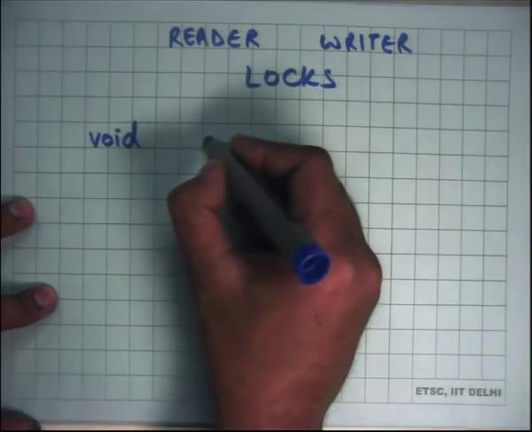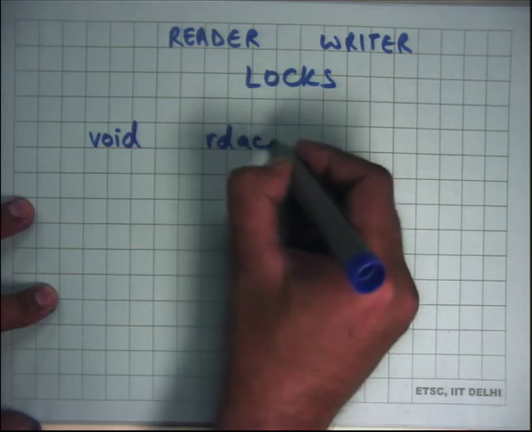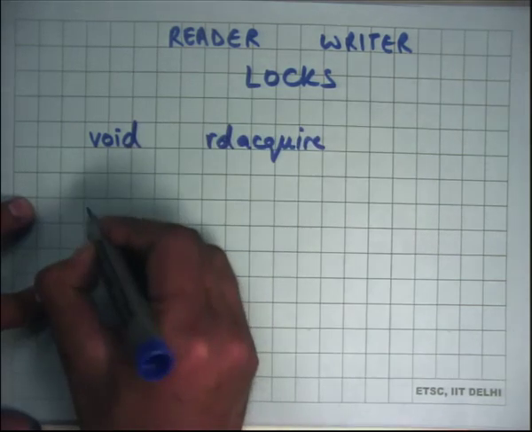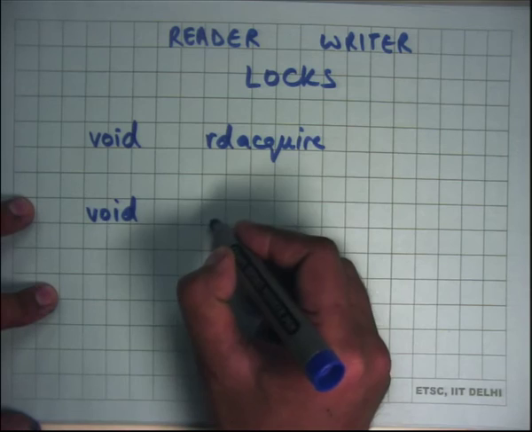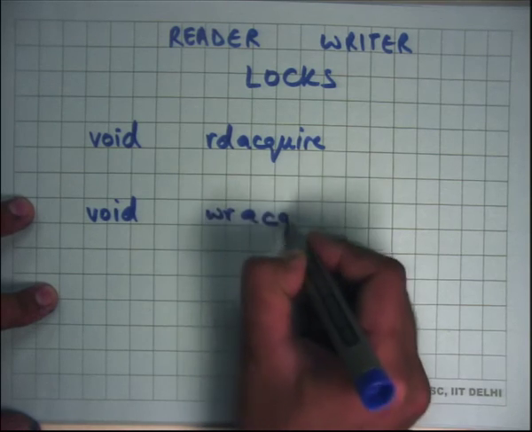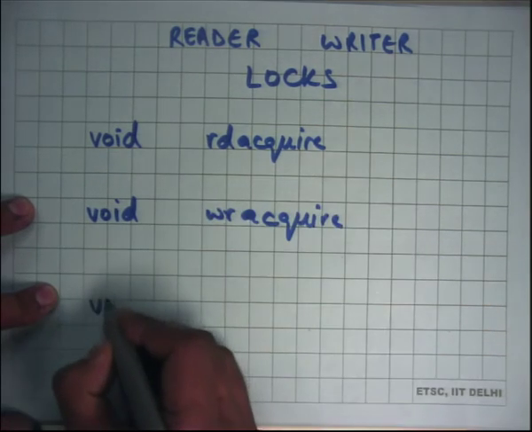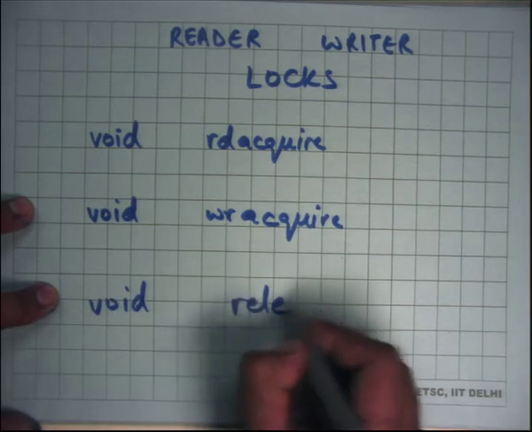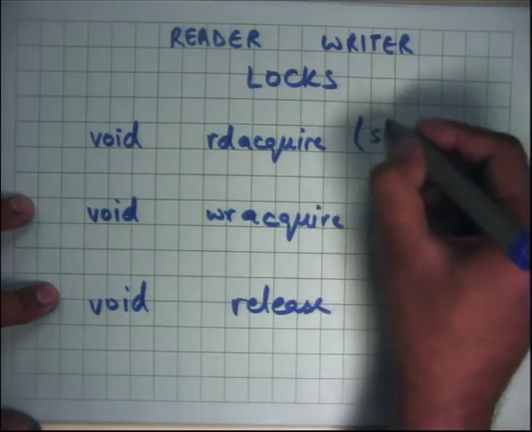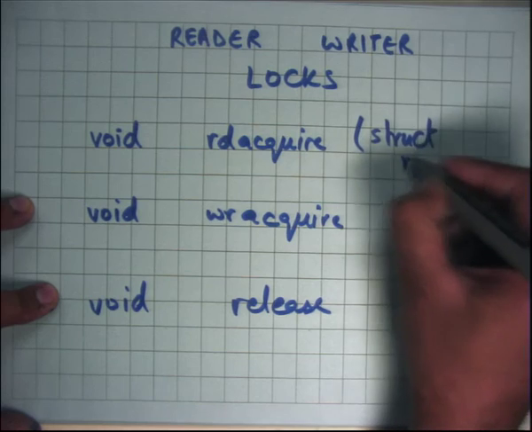Locks have acquire and release. This has read acquire and read release, and write acquire and release. Right, same struct lock. Let's say struct RW lock.